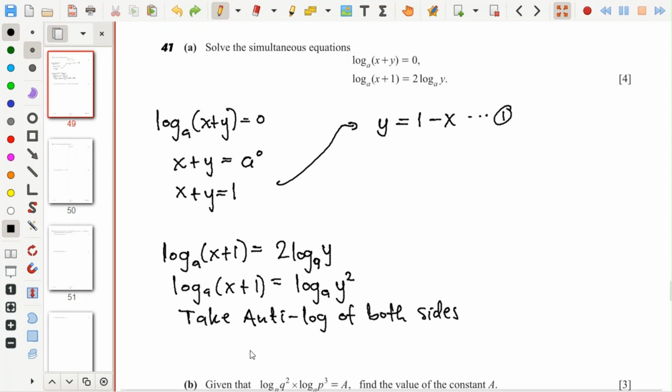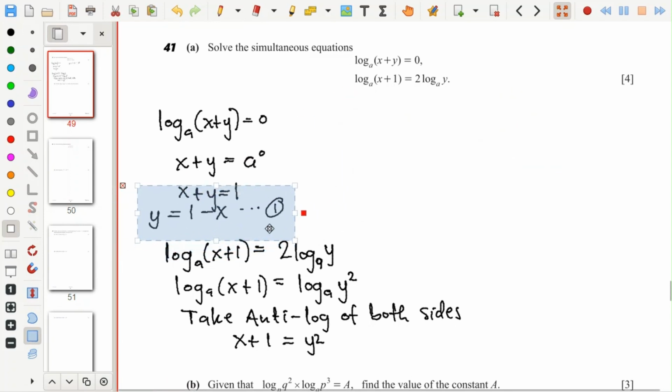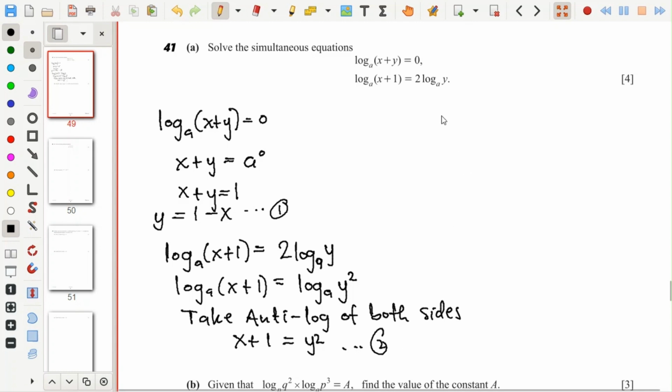So you should get x plus 1 is equal to y squared. So let me call this one equation 2. So put 1 into 2.